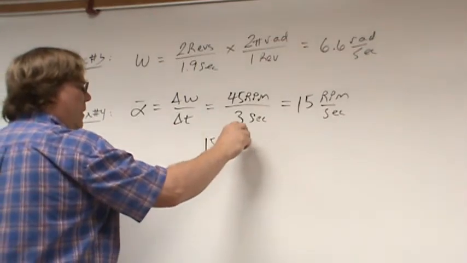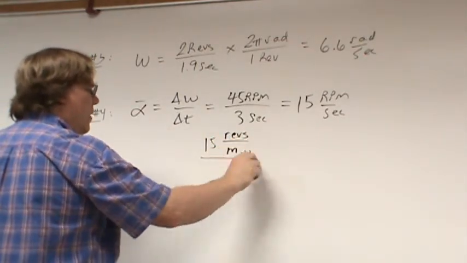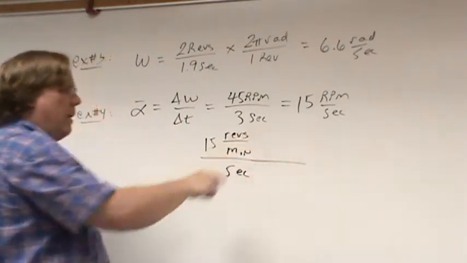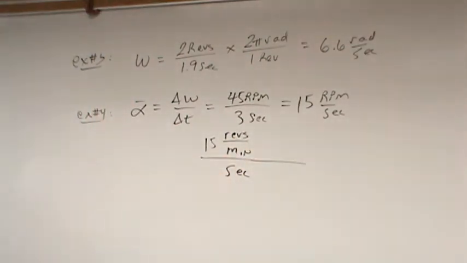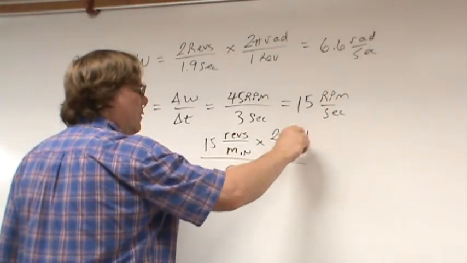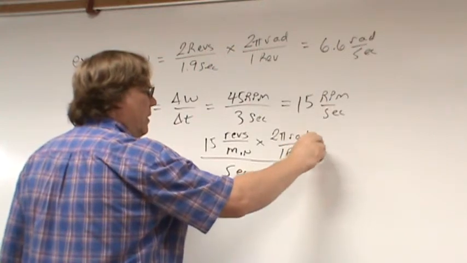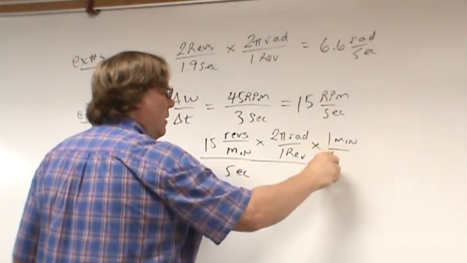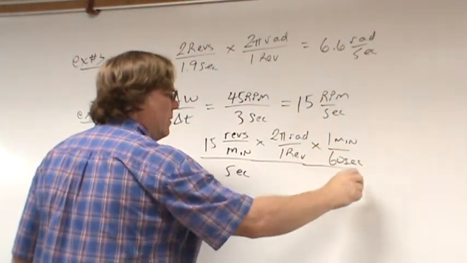Well, anyway, to get radians per second, I would do this. This is 15 revolutions per minute per second. You'll notice the revolutions per minute is entirely in the numerator, so I'd want you to do your conversion just in the numerator. So I've got 2 pi radians in 1 revolution, and I've got 1 minute in 60 seconds.